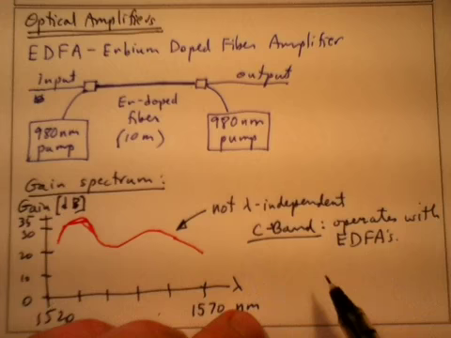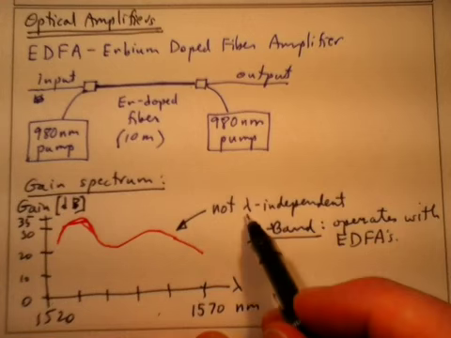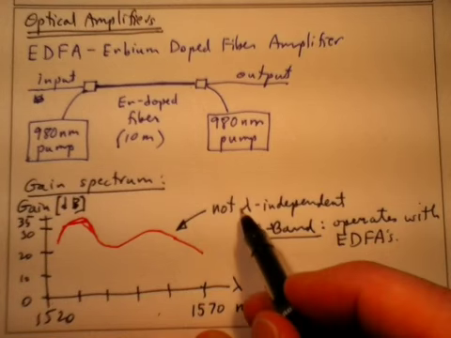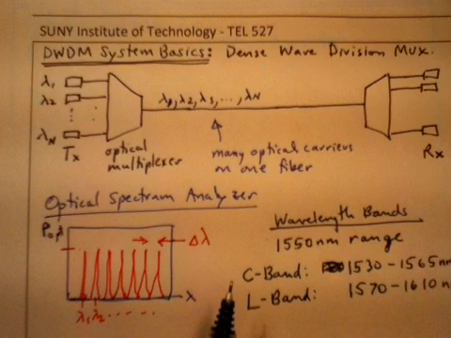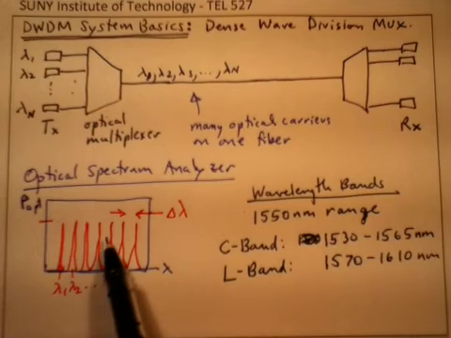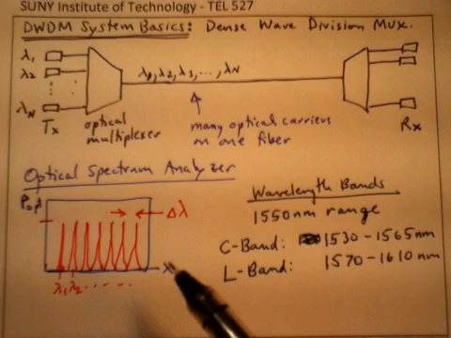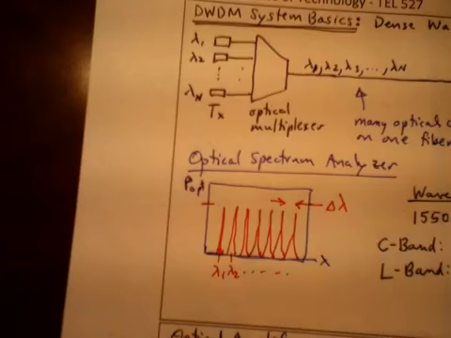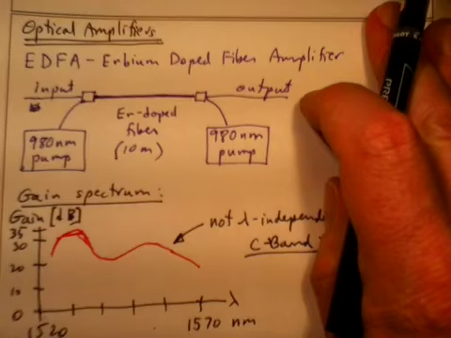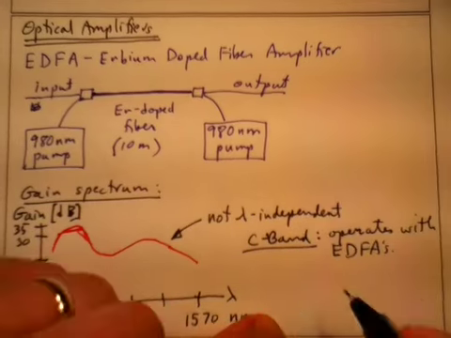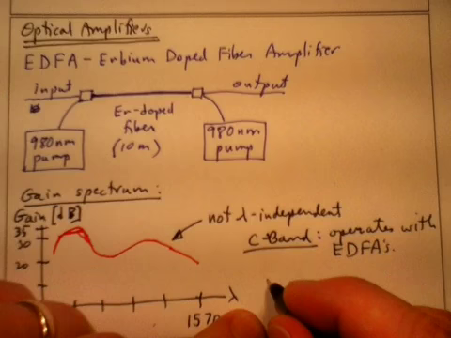So the fact that our gain is a function of wavelength is a problem for these WDM systems, because what you really want is to have equal power in all of the channels. Okay, and so what you do along with these EDFAs is you have a gain flattening filter.